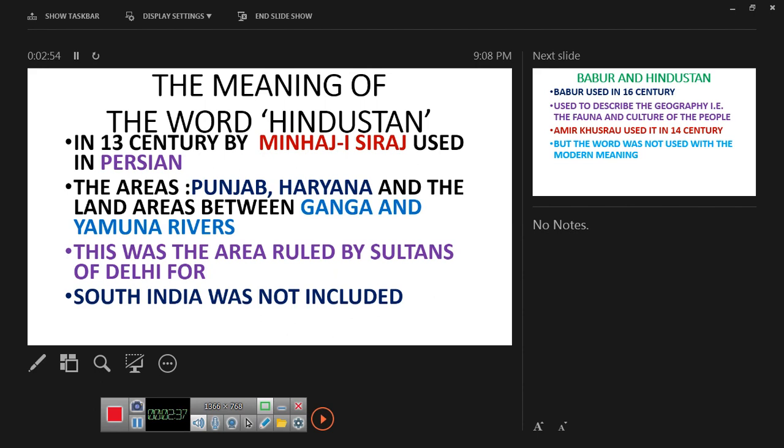For that area he used the word Hindustan. He has never used the word for South India. South India was not at all included in Hindustan. That is how Minhaj-i-Siraj used it. So that is the difference. You see the difference of it.